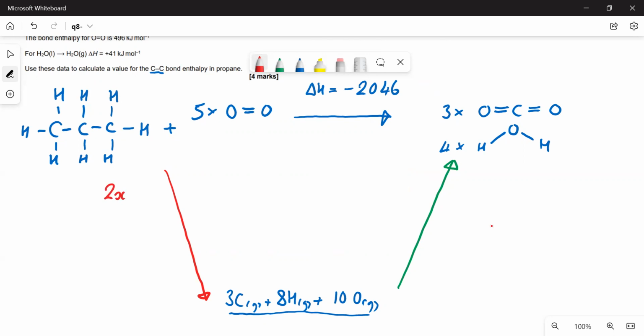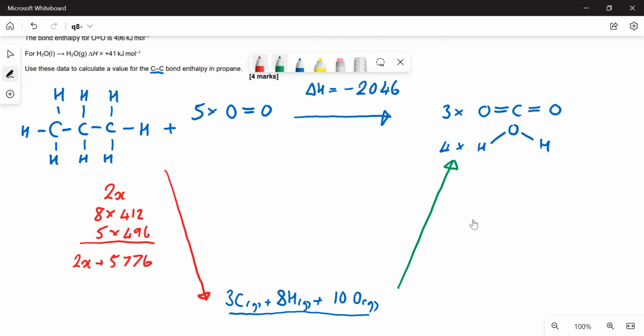We're breaking 8 carbon-hydrogen bonds, and they've got a value of 412. And we're breaking 5 oxygen-oxygen double bonds, they're 496. So if you add all that lot up together, you get 2X plus 5776 kilojoules.